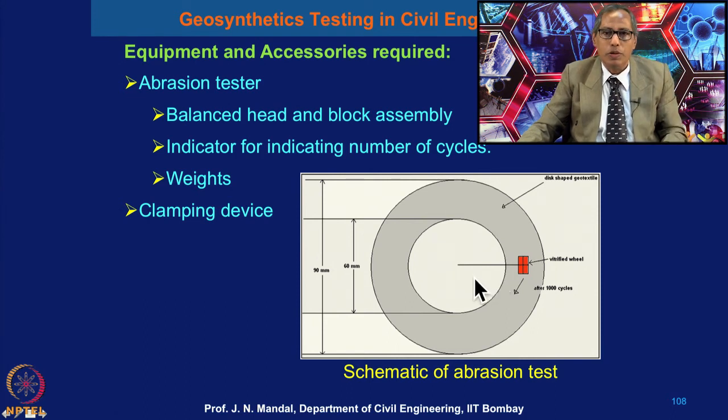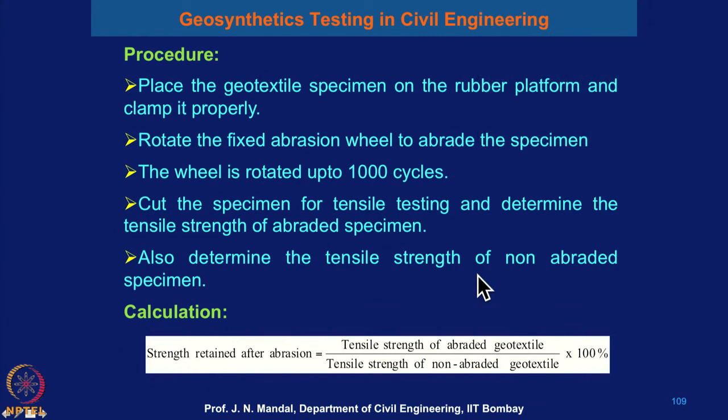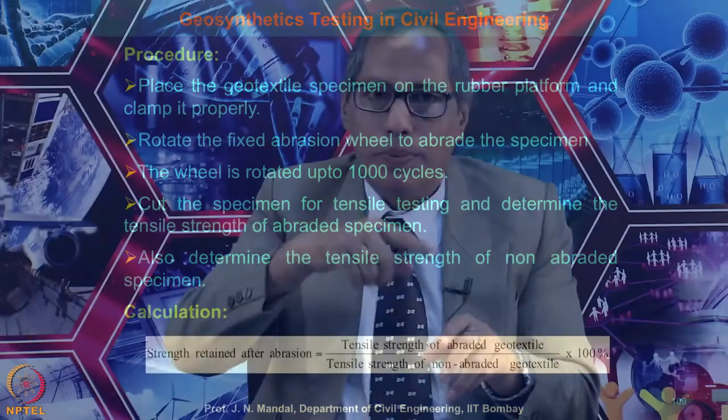So, the procedure for this is to place the geotextile specimen on the rubber platform, clamp it properly and rotate the fixed abrasion wheel to abrade the specimen.